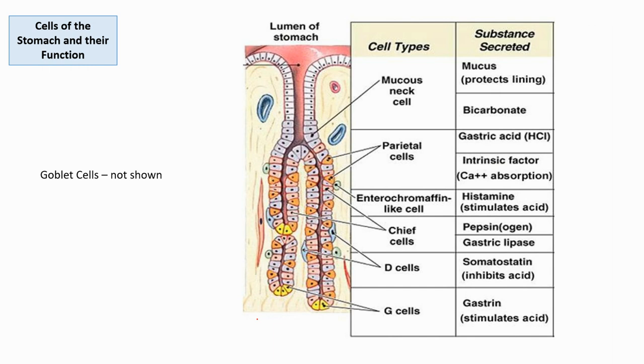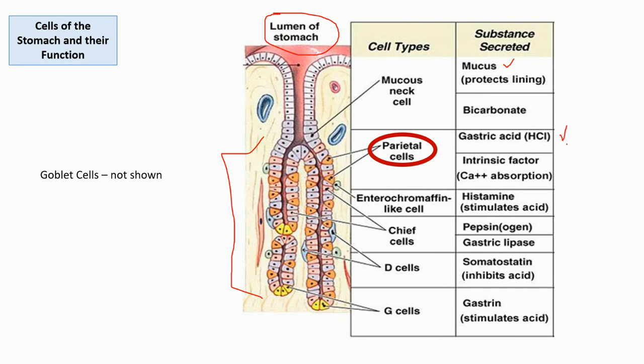Just kind of showing you how that is all structured. You've got a lot of stuff going on here. So remember the lumen of the stomach. This is where the food is, but you've got these pits, and within those pits, you've got all these cell types. So that's where all those cells are. So in the neck right here, you're going to have your little mucus cells. You're going to have your parietal cells in there.